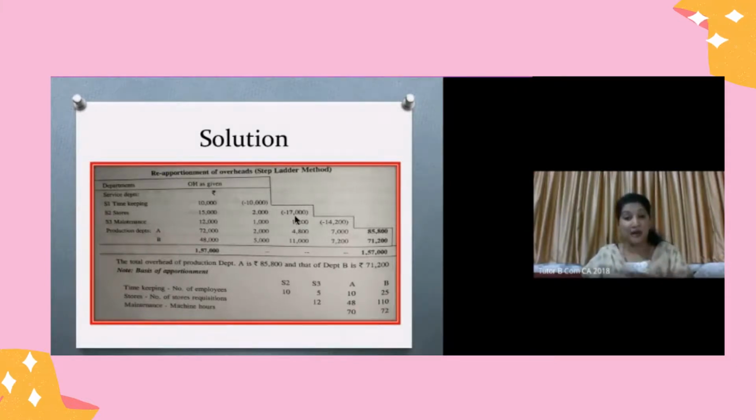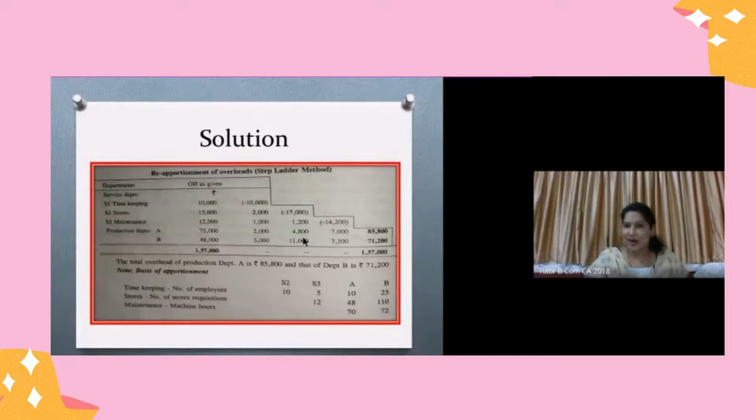It will be nullified by sharing between S3, A and B. And in which ratio? It will be in this ratio, 12 is to 48 is to 110. You can minimize that. So in that ratio, we will be sharing S2.